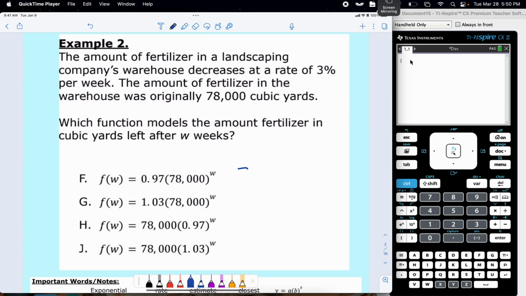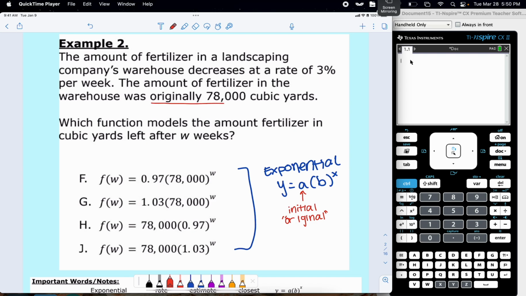So if I look at my answer choices, I know these are exponential, which are y equals a, b, little x. Our a, remember, is our initial value, which can also mean original. So the only place where we see original, where we start from, is 78,000.